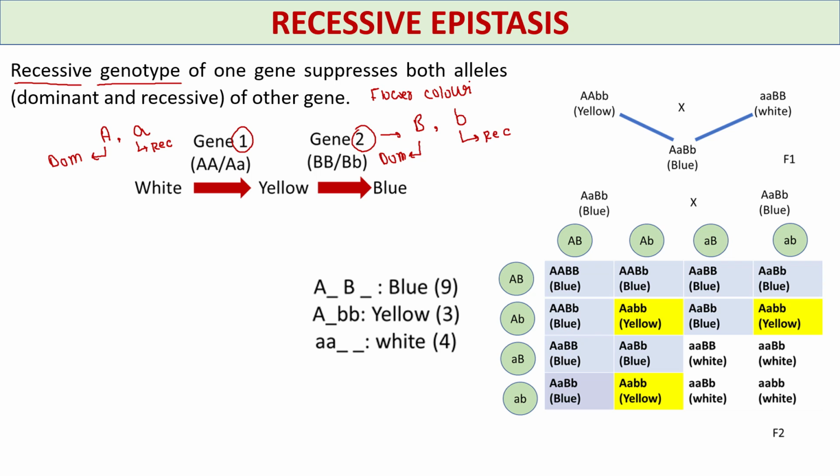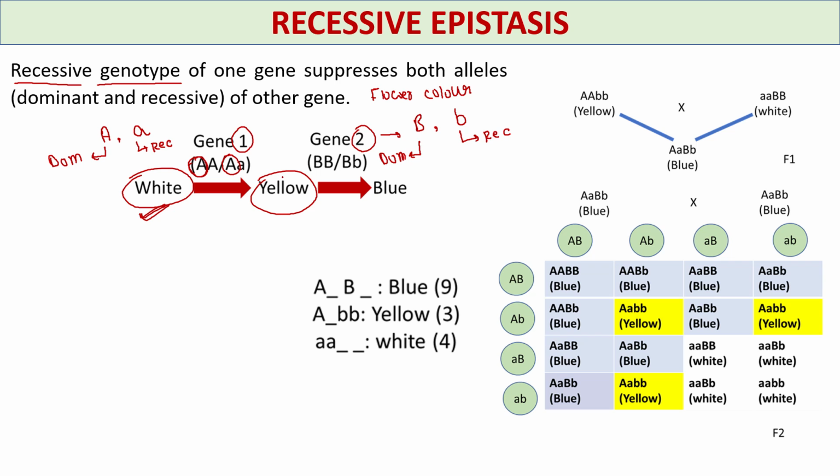Gene 2 is dependent on gene 1 here. To understand this better, we need to clearly understand this chemical reaction. At first, the flower does not have any color. Hence, it is white. Now, the allele capital A is acting on this flower and adding yellow pigment.